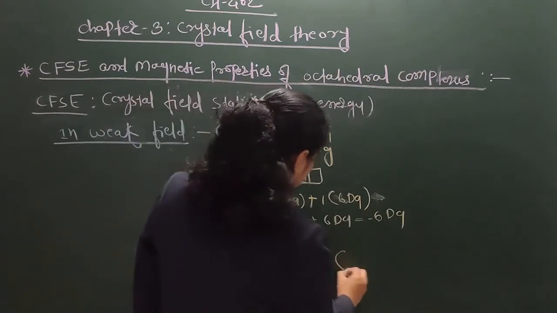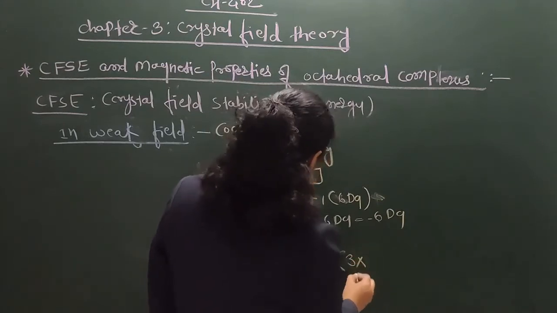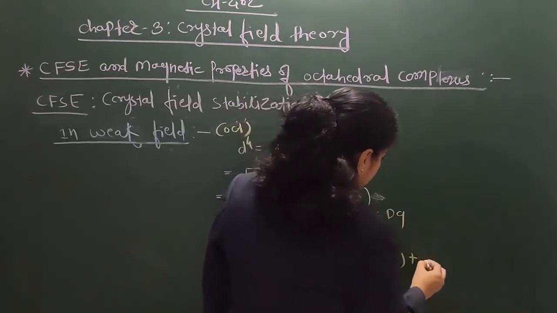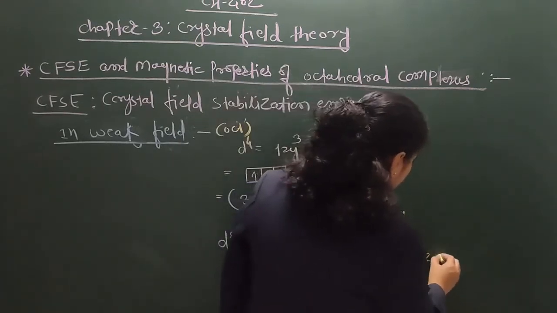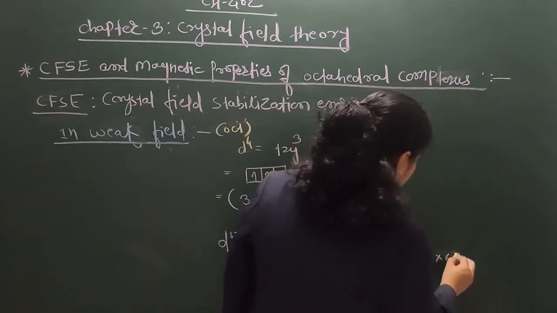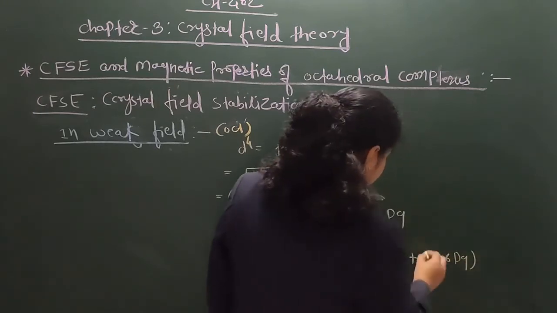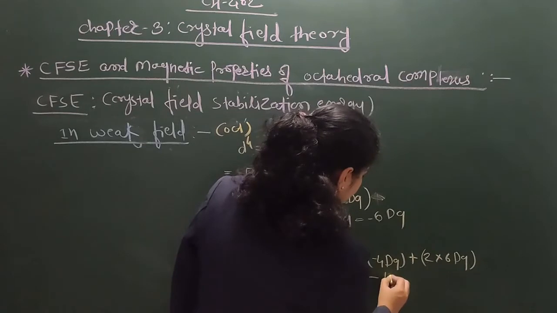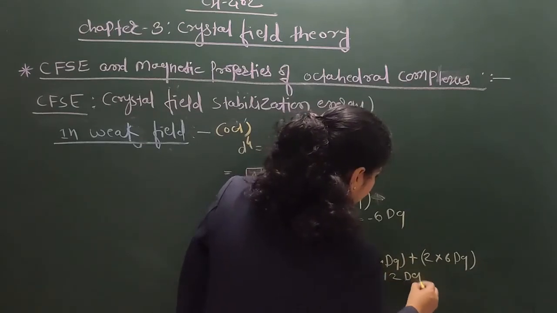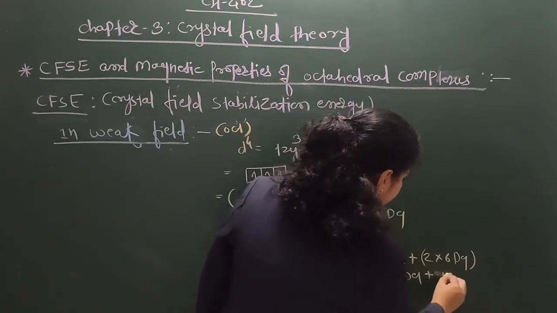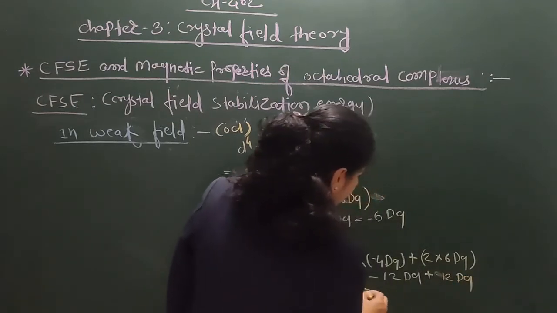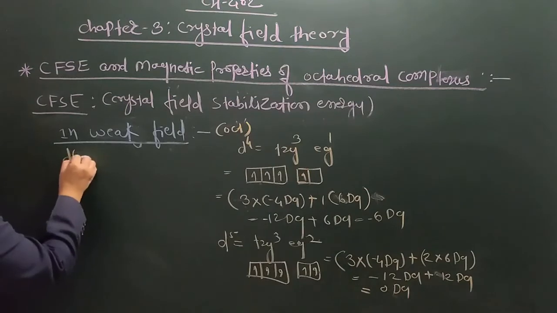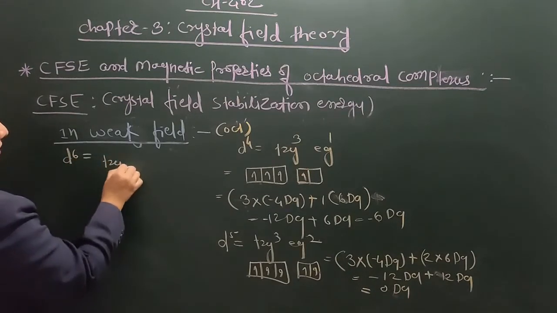So for CFSE, that is 3 into minus 4 dq plus 2 into 6 dq, that is minus 12 dq plus 12 dq, that is 0 dq.